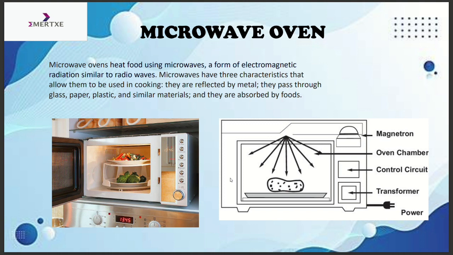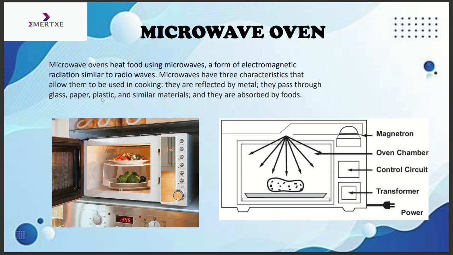The electromagnetic waves are converted into radio waves, and the radio waves give heat to whatever we put in the microwave. Microwaves have three characteristics that allow them to be used for cooking. It's used for cooking only. They are reflected by metal.